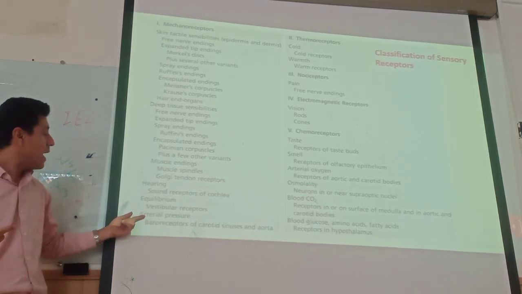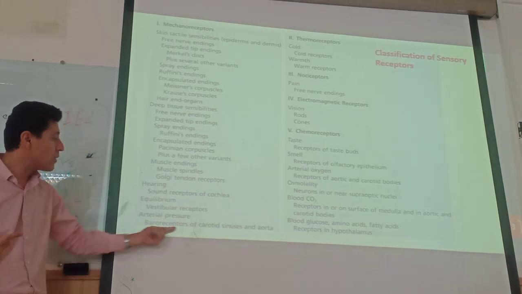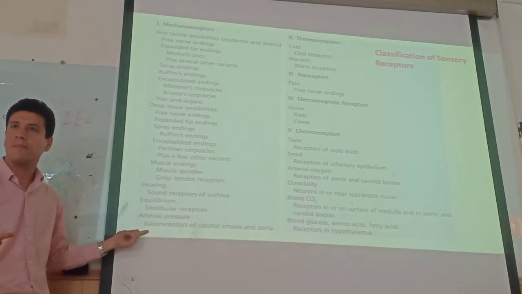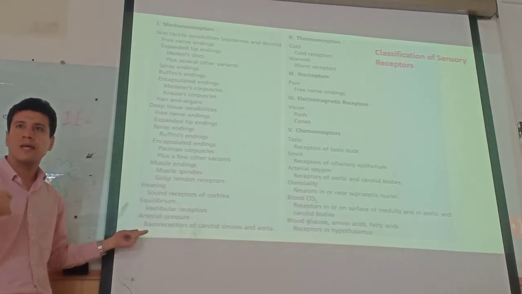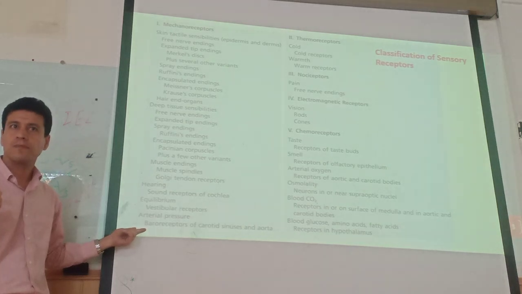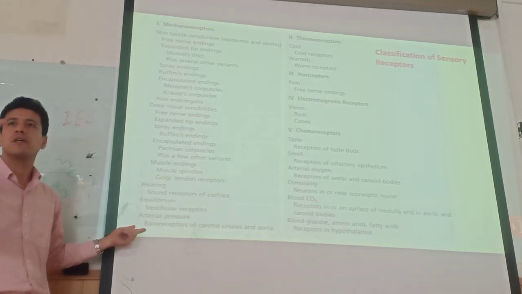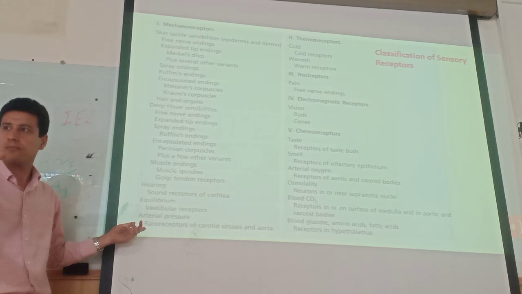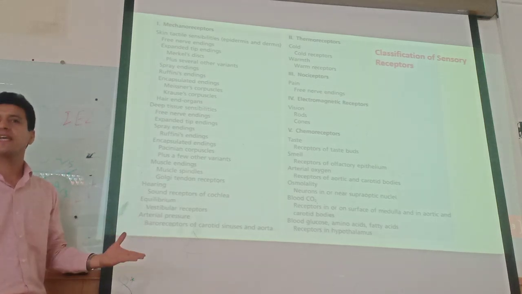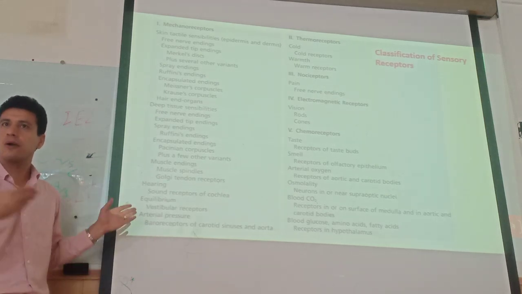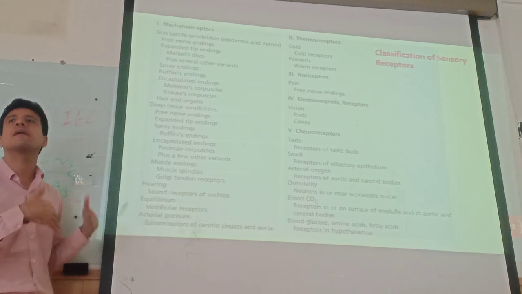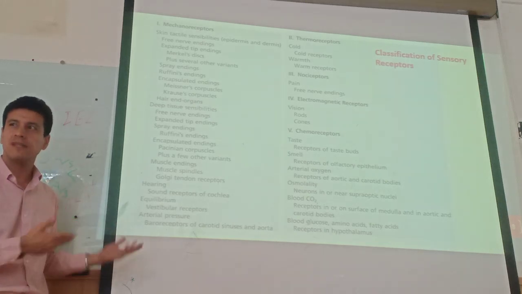Right? And let's see baroreceptors. You know them. In the aorta and carotid, right? So they are sensitive to pressure, arterial blood pressure. Pressure is a mechanical energy. So baroreceptors are mechanoreceptors, right?